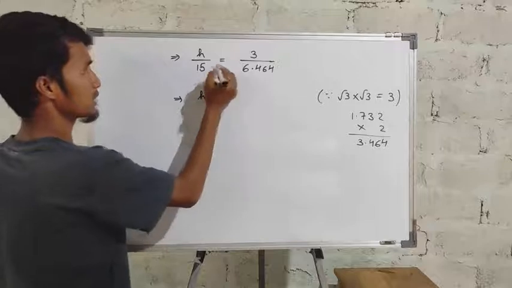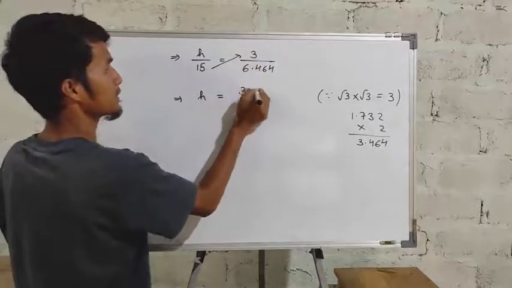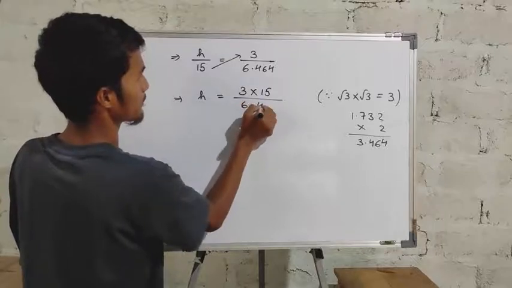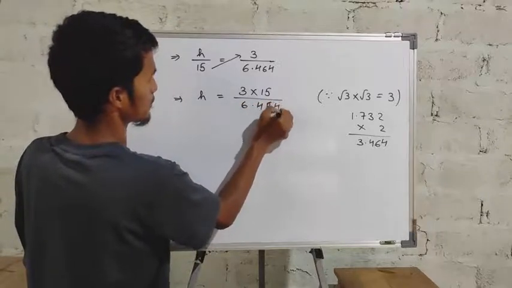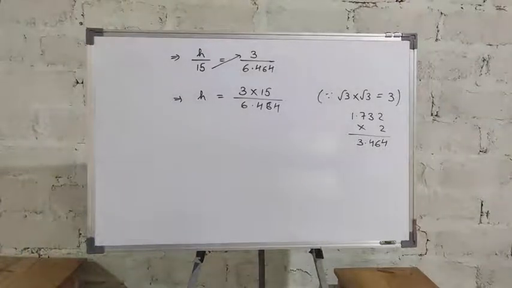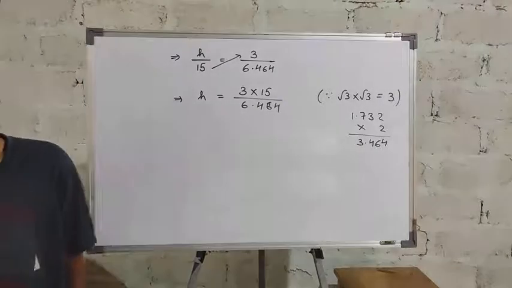Then h is equal to 3 into 15 divided by 6.464. Then this is also a problem to divide. It's a big problem.